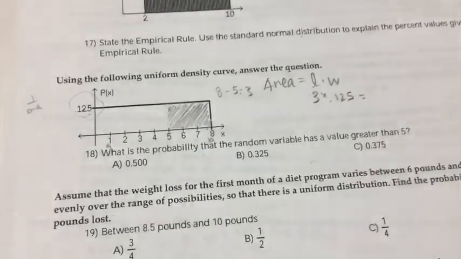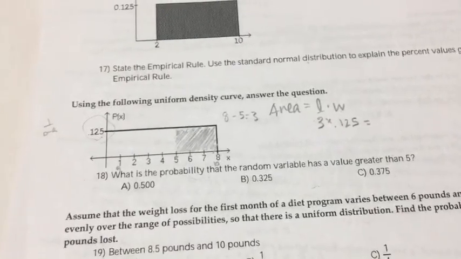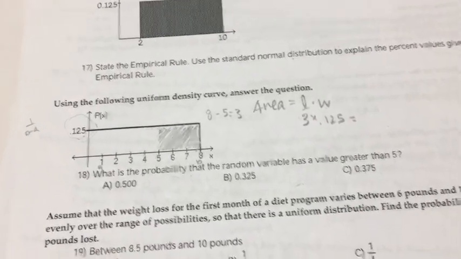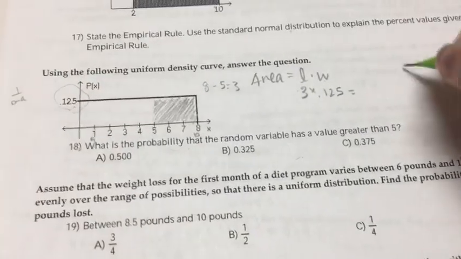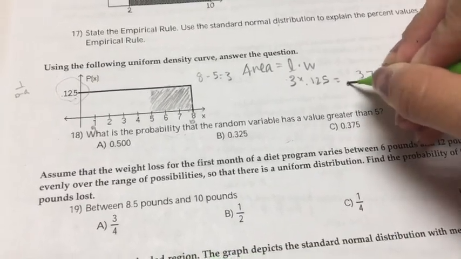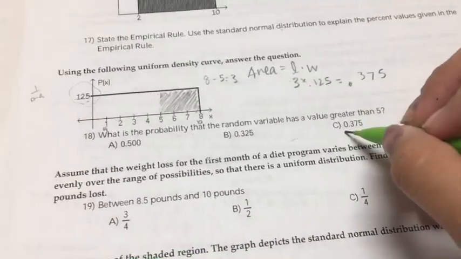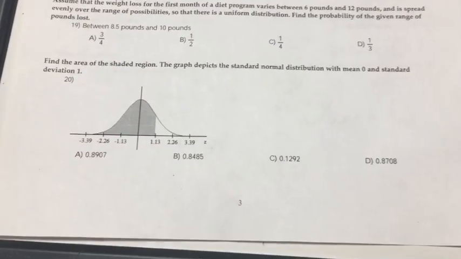And 3 times 0.125 is 0.375. And that is C.